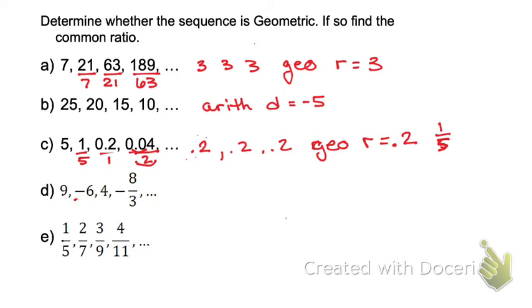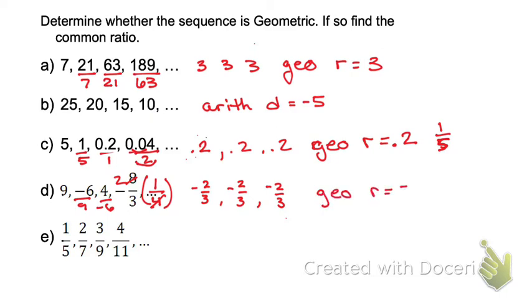So it'd be -6 divided by 9, 4 divided by -6, and then -8/3 divided by 4, so that would be multiplied by 1/4. Correct? Okay, so -2/3, negative 2/3, and negative 2/3. So it is geometric, and R is -2/3.